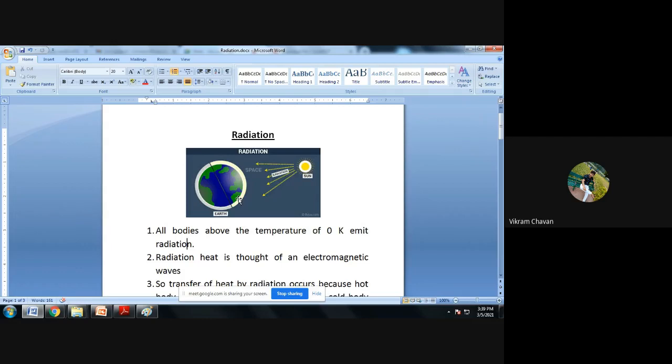Below that particular temperature, a body stops emitting radiation. But if the body temperature is above 0 Kelvin, that is above minus 273 degrees Celsius, then that body also emits radiation. No matter whether it is a living organism or a non-living entity, everybody emits radiation in every direction. Remember this point.